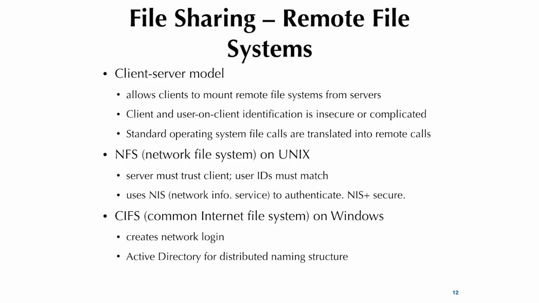But still, somebody can try to fake it. There are some security holes there. But in any case, once authenticated, most of these file system calls are done over a remote procedure call, or RPC.